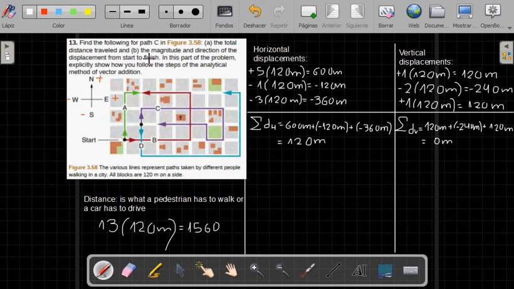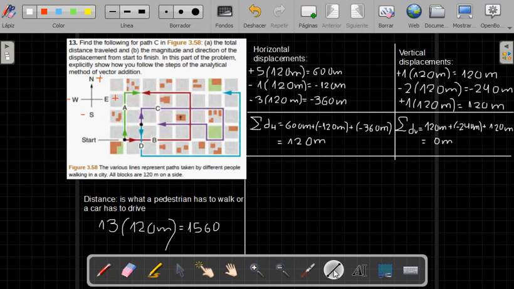Now, it's time to calculate the magnitude of the displacement. I'm going to write it here.